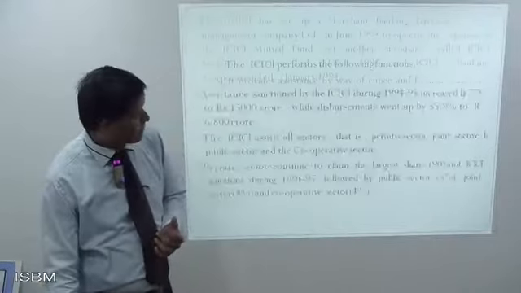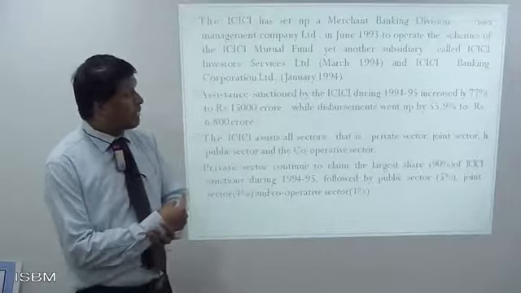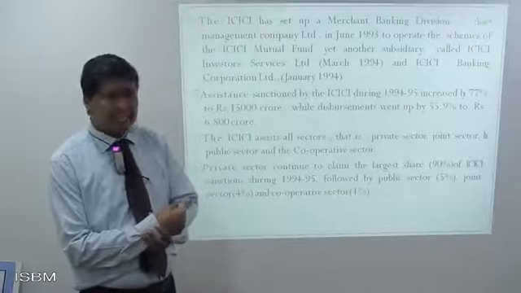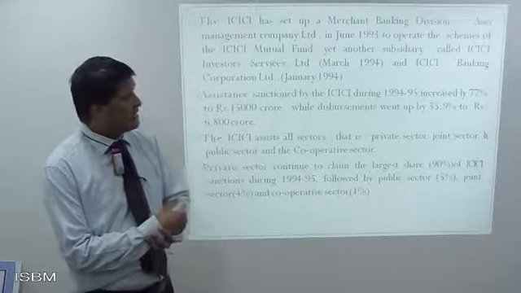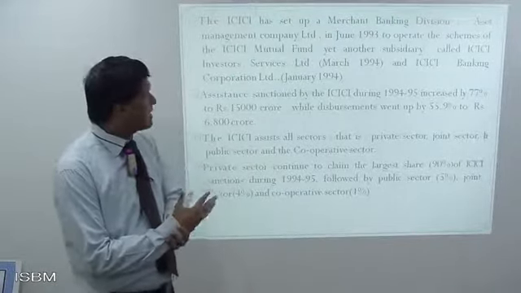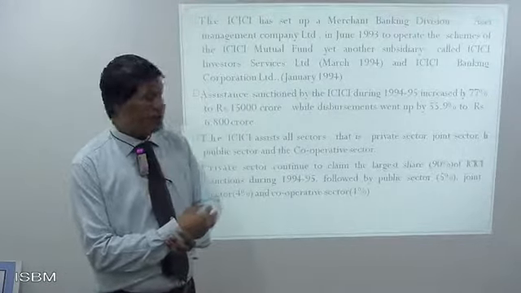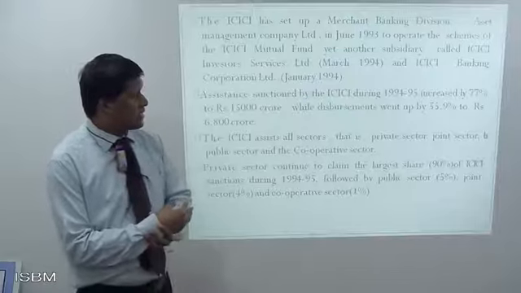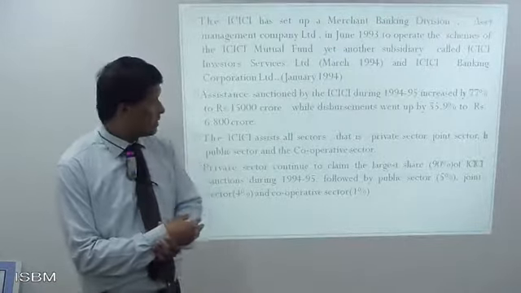So ICICI was set up as a merchant banking division, asset management company in 1993 to operate the schemes of the ICICI Mutual Fund. Yet another subsidiary called ICICI Investor Service and ICICI Banking as well was launched in 1994.